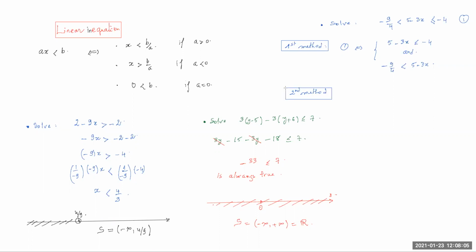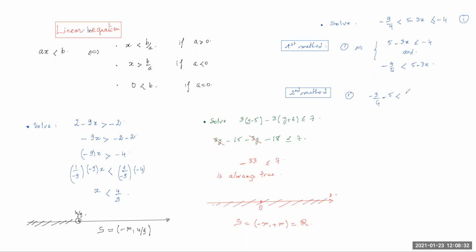It's not really a second method, but maybe the steps are a bit different. I want to isolate x. For an inequality, I can add the same quantity or subtract it without affecting the result. So I will add minus 5 so that I eliminate 5.